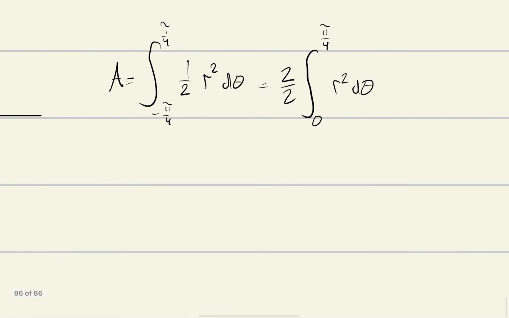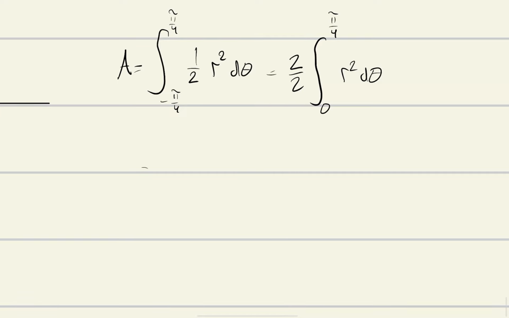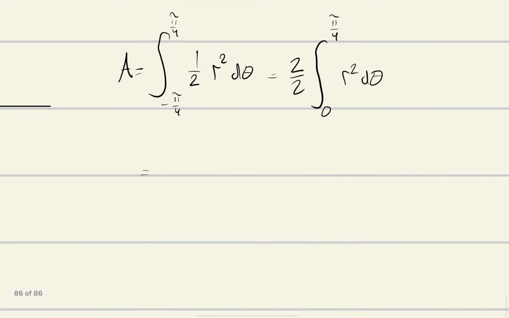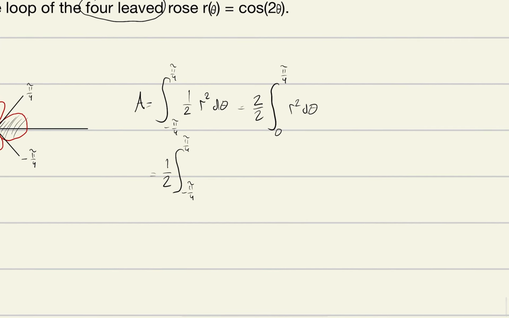However, I prefer to stick with the negative pi over 4. So we're going to say we have 1/2 integral from negative pi over 4 to pi over 4, and r squared is just cosine squared 2 theta d theta.